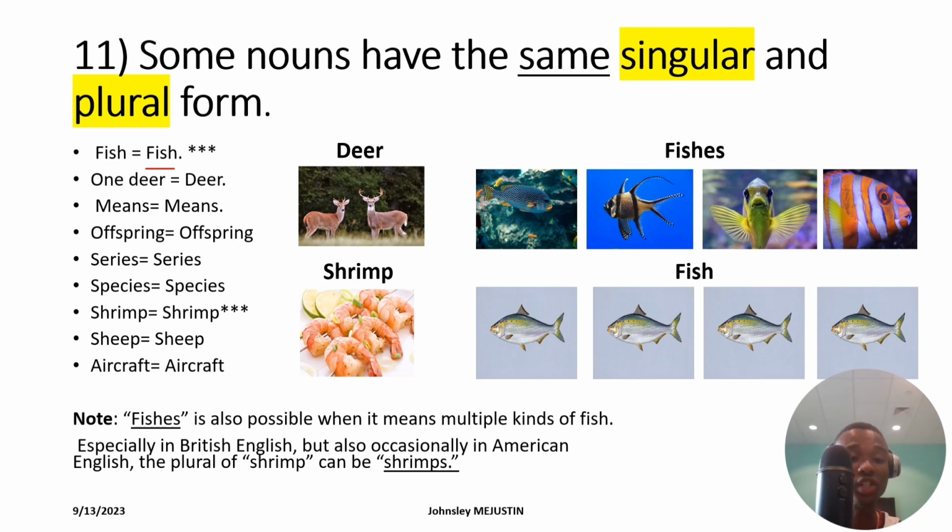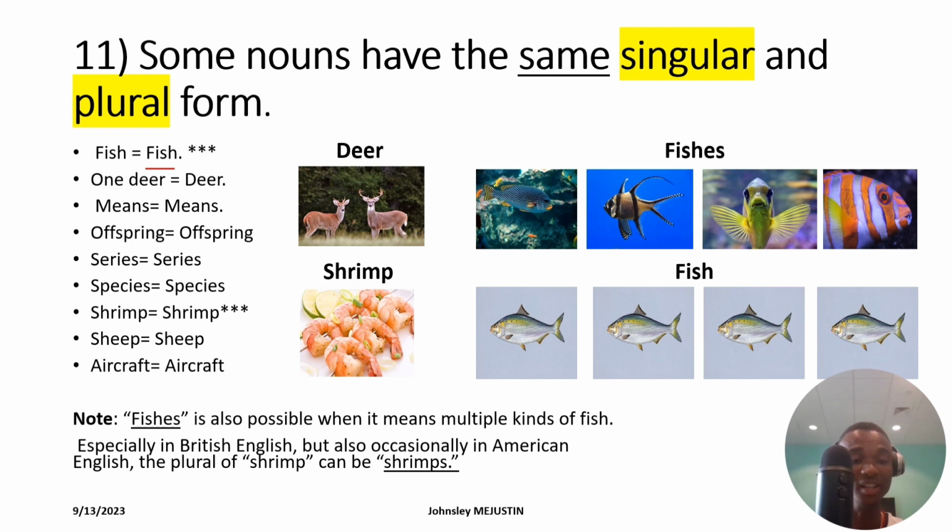We would say one fish, two fish. One deer, two deer. At the beginning of the class, you saw this word, means. I asked you to guess the plural form because it already ends in S. So means, that's the singular. The singular is means and the plural is also means.